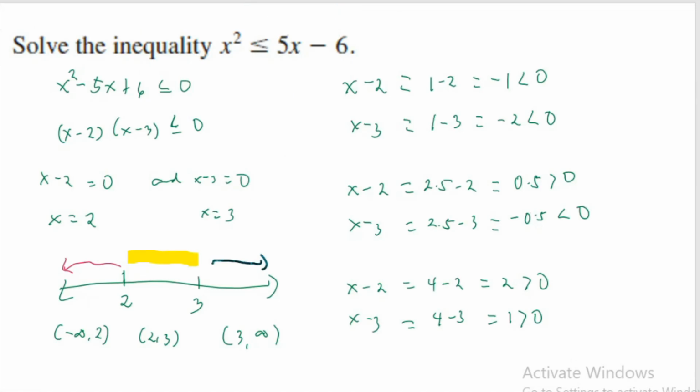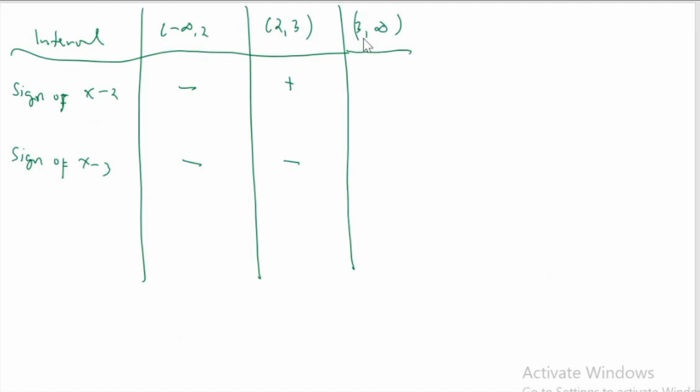And on the last interval, from 3 to positive infinity, I use 4, therefore 4 minus 2 is 2, which is positive, and 4 minus 3 is also positive.